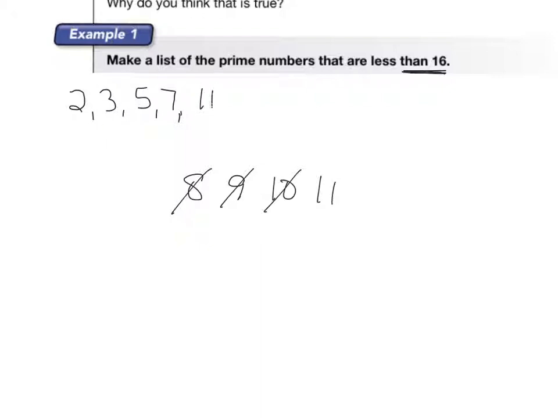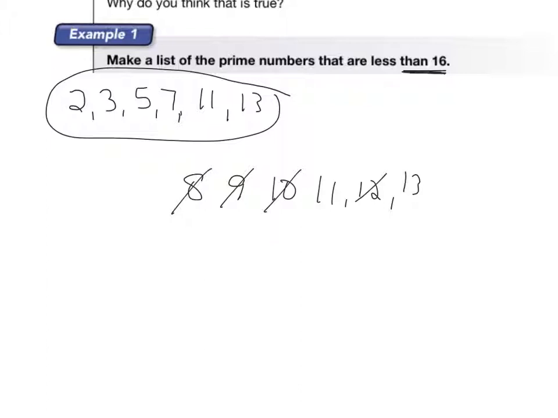So we'll put 11 up there. 12 is not prime because you can divide by 2. 13 is prime, so we'll list it up there. 14 is not. 15 is not. So these are the list of the prime numbers that are only divisible by themselves and 1.